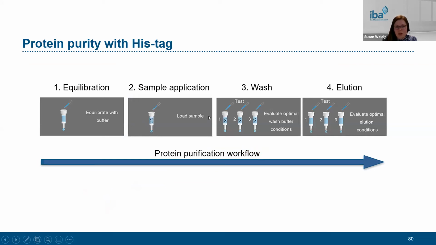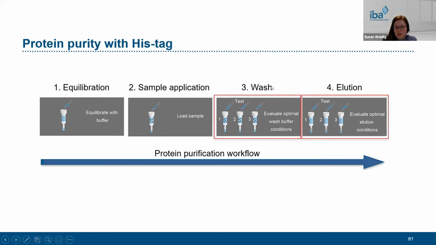The protein purification with this tag is, as for all purification methods, divided in four steps. The first is the equilibration of the resin, then the sample application. Afterwards, the resin is washed, and then you have the elution.